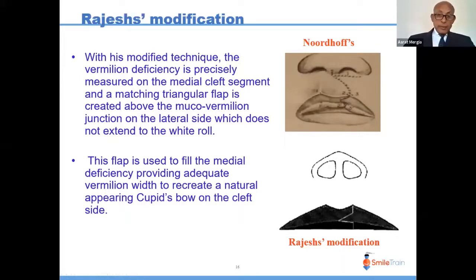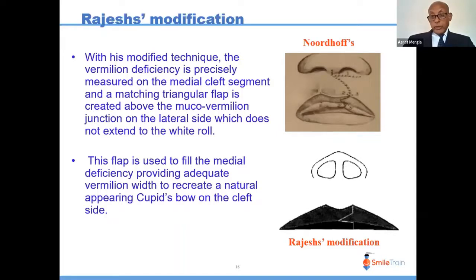Now, there are two issues of mine which were not addressed by Rajesh. One, you see the defect is a triangular defect, with the two triangular sides not equal. This is one of my concerns.